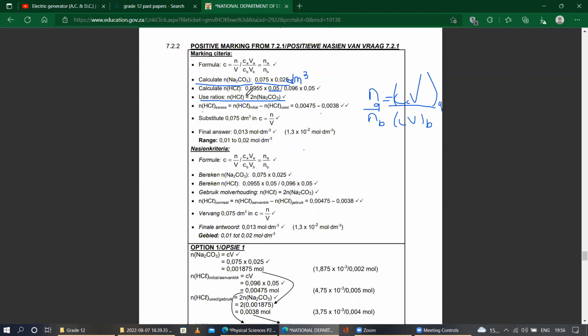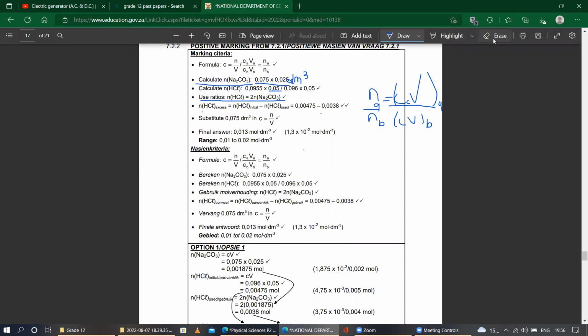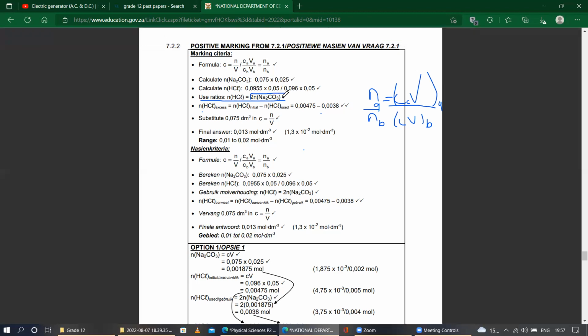So now after using the ratio, you know that this is going to be half this.